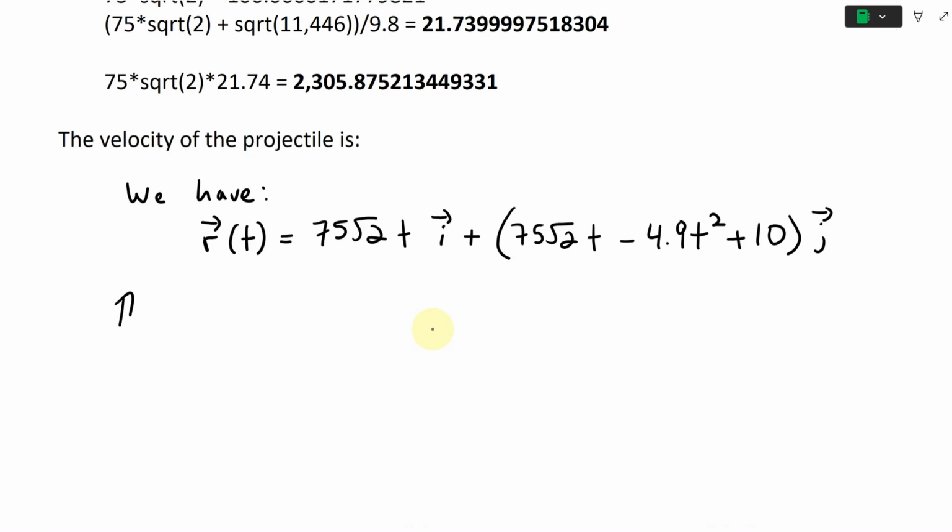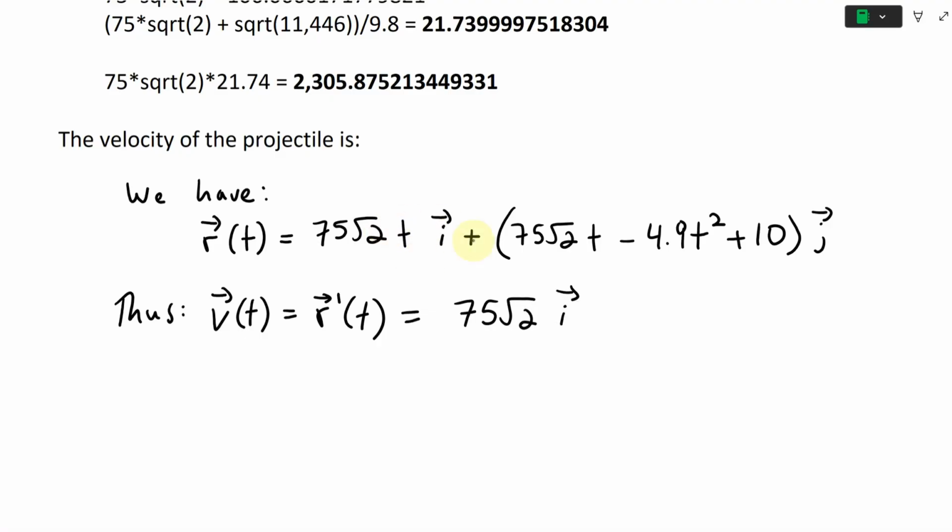So thus, the velocity vector, v of t, is equal to the derivative of the position vector, r prime of t. Let's take the derivative. The t just becomes a constant, so we have 75 square root 2, i.